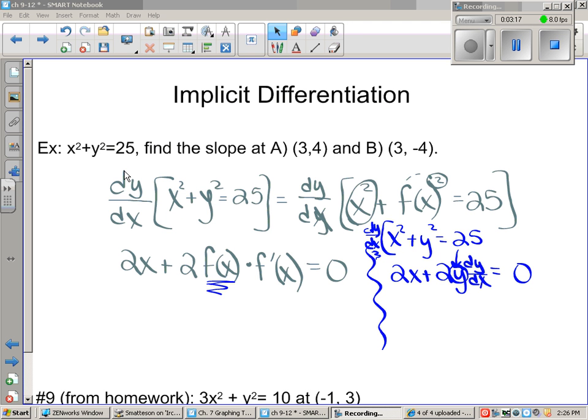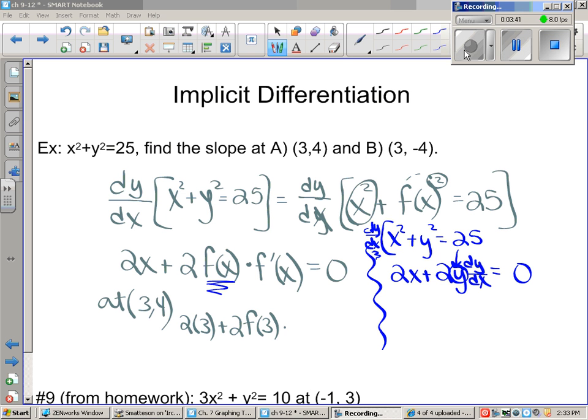Now come back to this left-hand side, this one that's on the gray. Once you see that, if we're doing this at the point 3, then it's pretty simple what we're doing. We're just going to plug in 3 in place of x. So 2 times 3 plus 2 times f of 3, because that's what y is, times f prime of 3 equals 0.